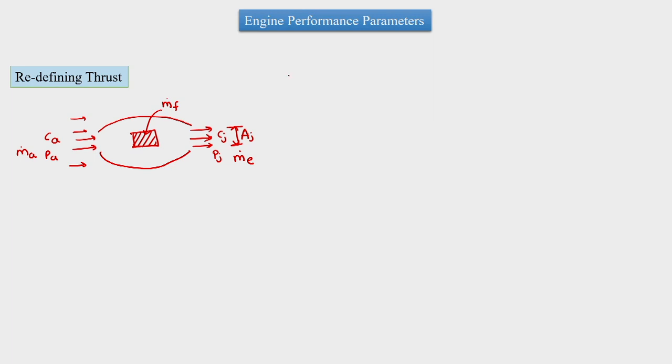Having said this, we can redefine the thrust as the change in momentum between inlet and outlet. We have outlet momentum as m dot E into Cj minus m dot A into Ca. Further, the pressure component remains the same.